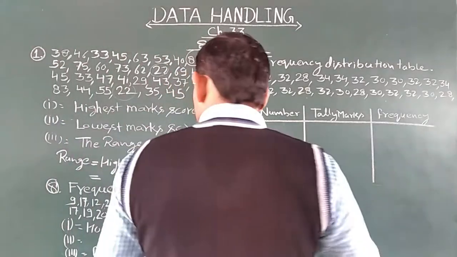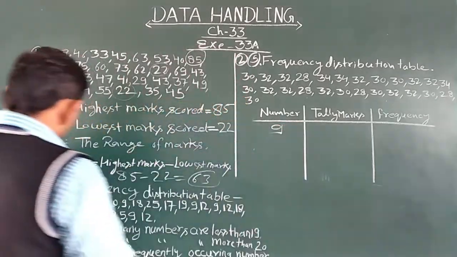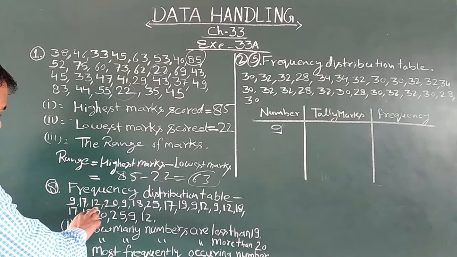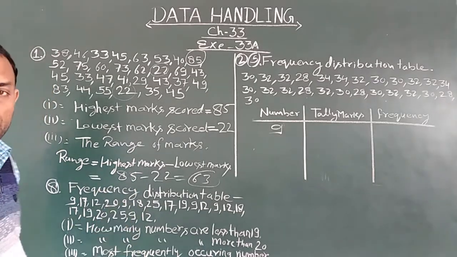So the first number we will write is 9. Then we will arrange all the numbers in ascending order.